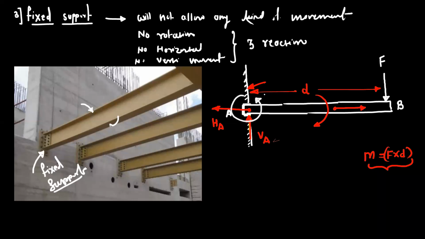This is called a moment reaction, the moment reaction at point A. Because of these three reactions, HA, VA, and MA, this rod AB will be in the equilibrium condition. So the fixed support will have three reactions: VA, HA, and the moment reaction MA. So these are the three types of supports for the equilibrium.